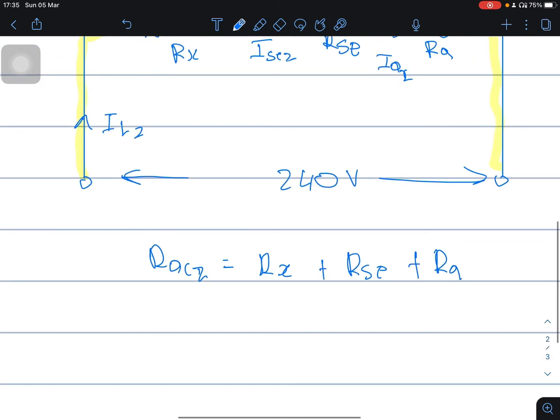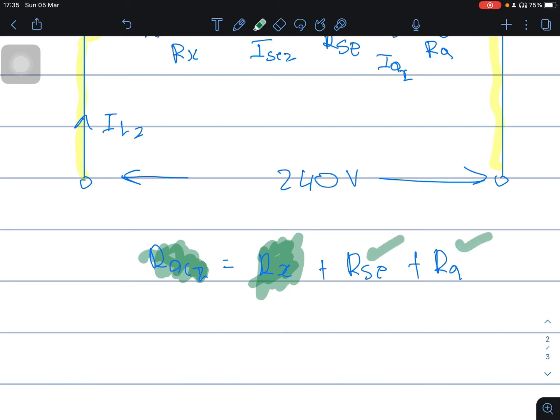Meaning the value we want to calculate in this question is RX. If I can find RAC2, the armature circuit resistance for the second circuit, we can get RX by solving the equation, because we have these two.